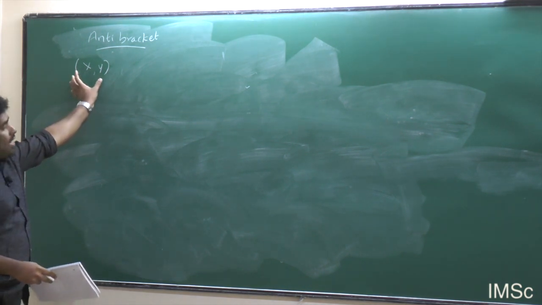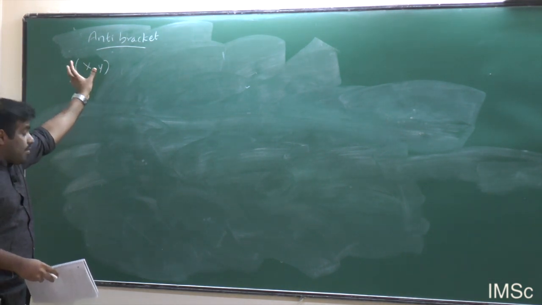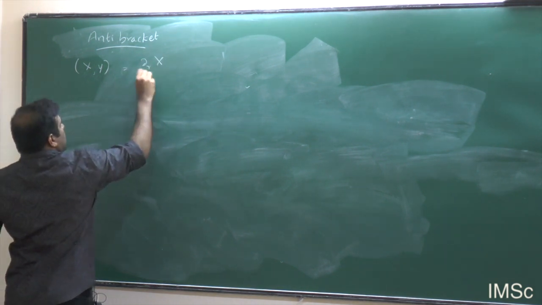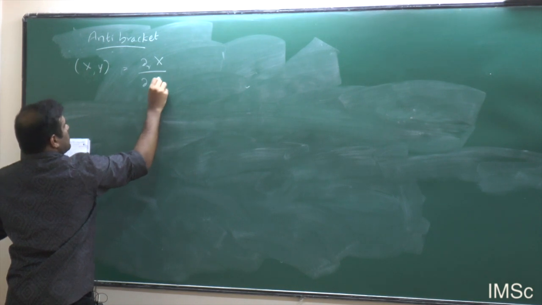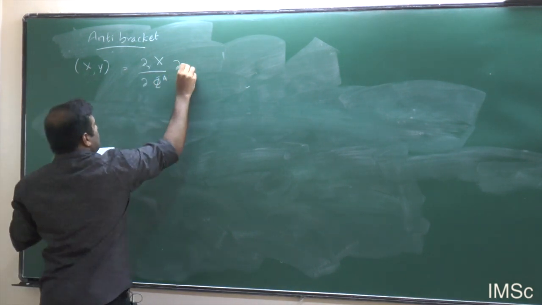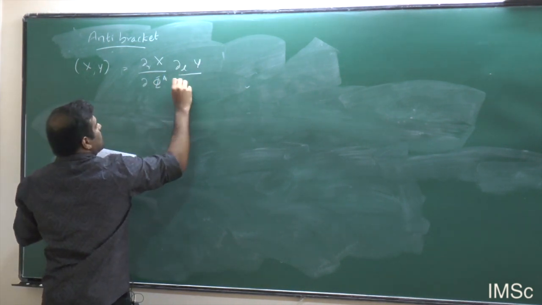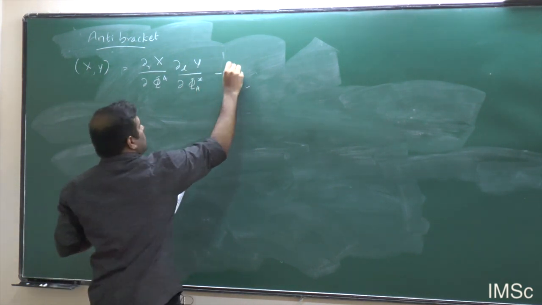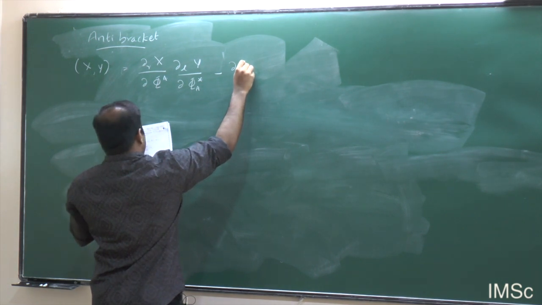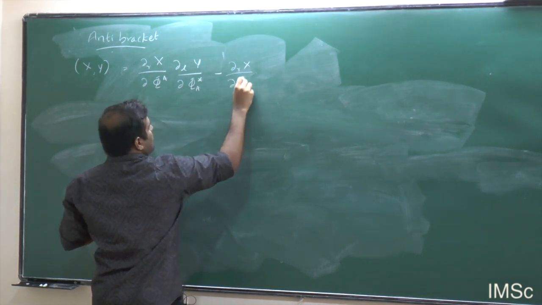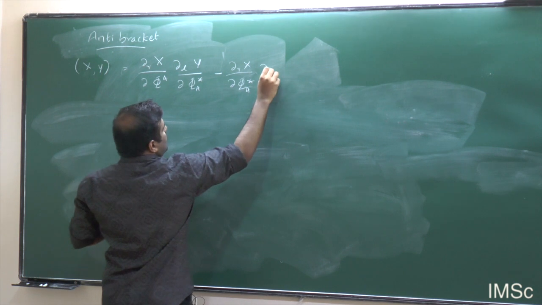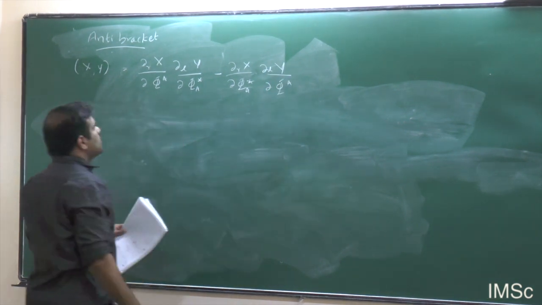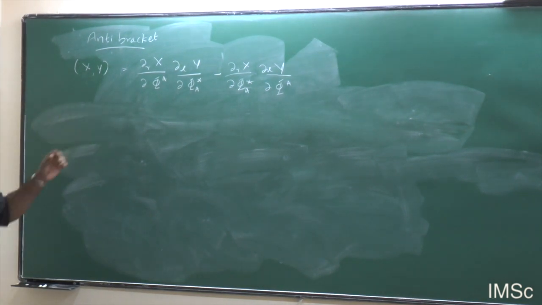I'm going to define an anticommutator or antibracket that's given by the right derivative of X with respect to field phi A and the left derivative of Y with respect to phi A star, minus the right derivative of X with respect to antifield phi A star and the left derivative of Y with respect to field phi A. So this is the definition of an antibracket.